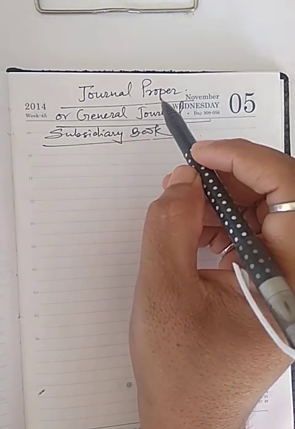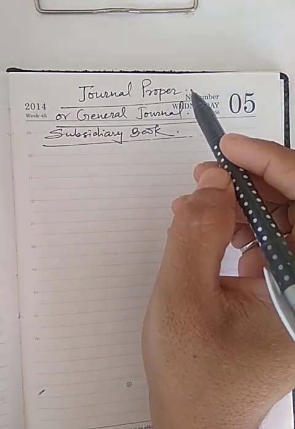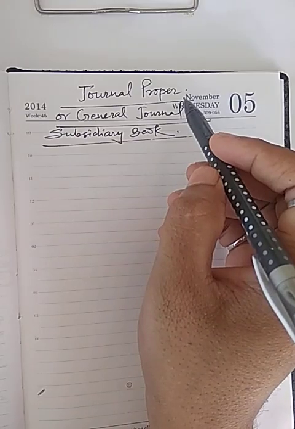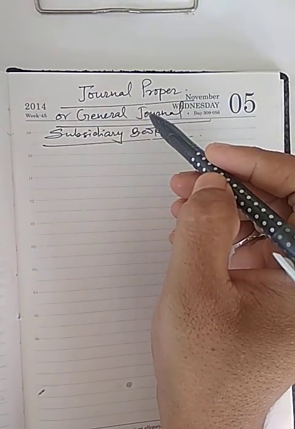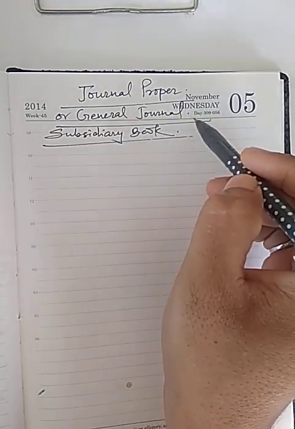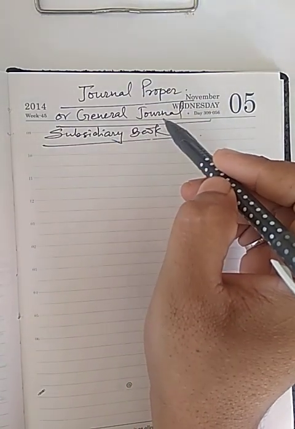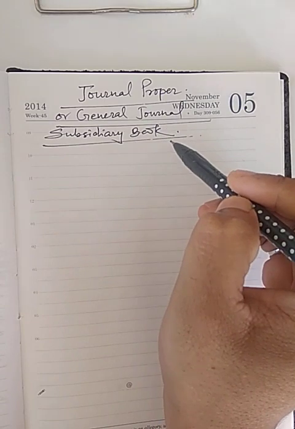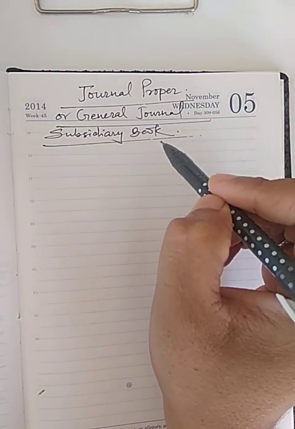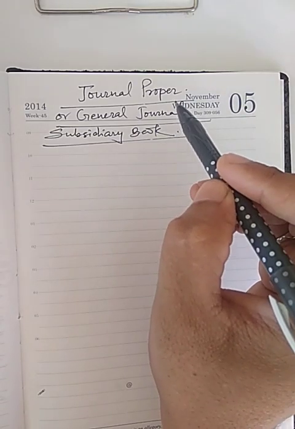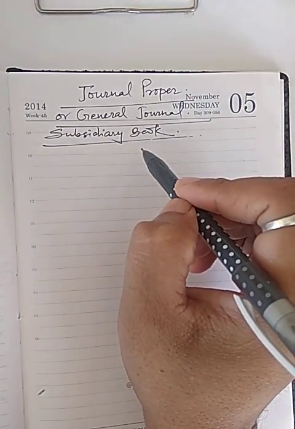So today you will understand what is journal proper and what will be journal entry related to this, and what are the characteristic features of journal proper.